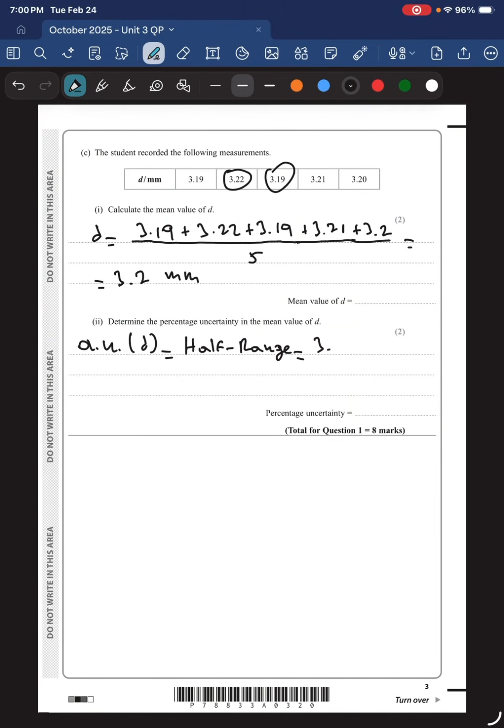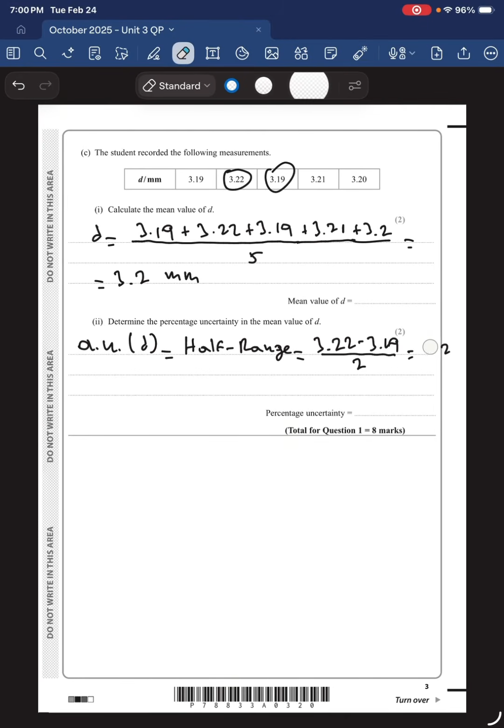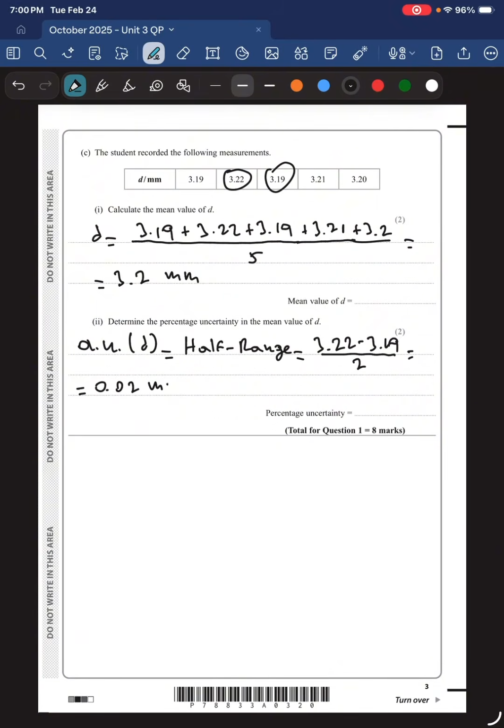So 3.22 minus 3.19 over 2 yields 0.02. I'm running out of space today. I don't know what's wrong. Maybe it's because I'm filming this a little bit late in the night. So 0.02 millimeters, okay?